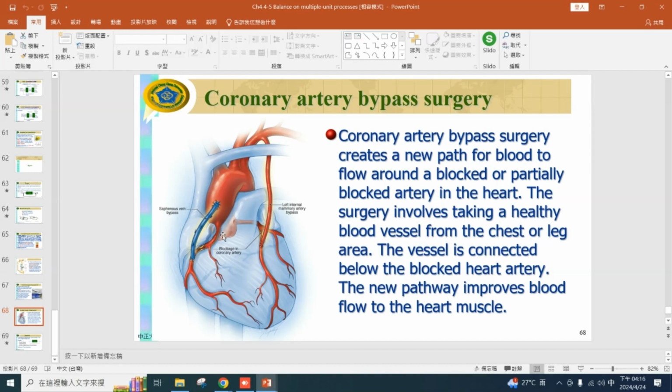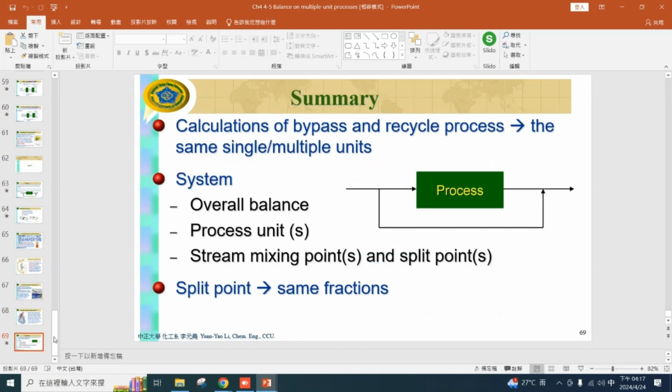If the heart has a blockage in this vessel, this blood pipe, then in order to let the blood go through easily to the heart, you need to have a bypass. This is one method of the bypass. This is also the bypass. This stream is also the bypass. So just so that you know the meaning of the bypass.